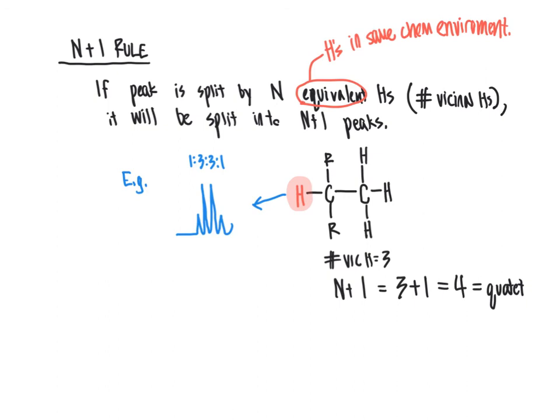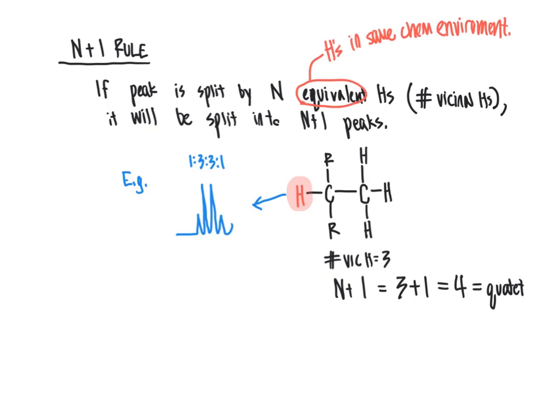If you switch one with the other, you would have the exact same structure rather than creating something that is different in any way, shape, or form. And so they have to be in exactly the same chemical environment because otherwise they aren't going to have the same effect on the vicinal hydrogen, and hence they would not give this clear, distinct splitting pattern. Instead, if they're non-equivalent to one another, they're going to give a more complex pattern.